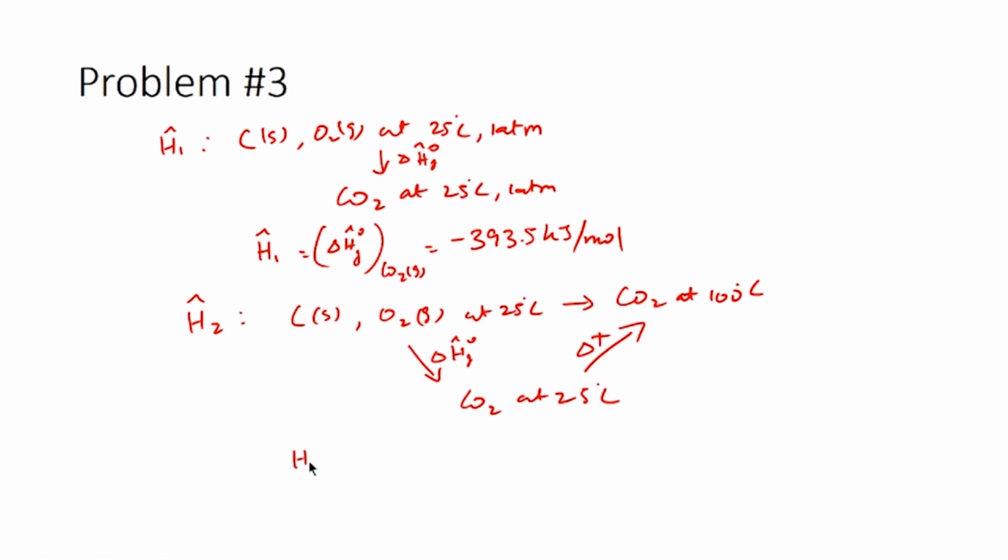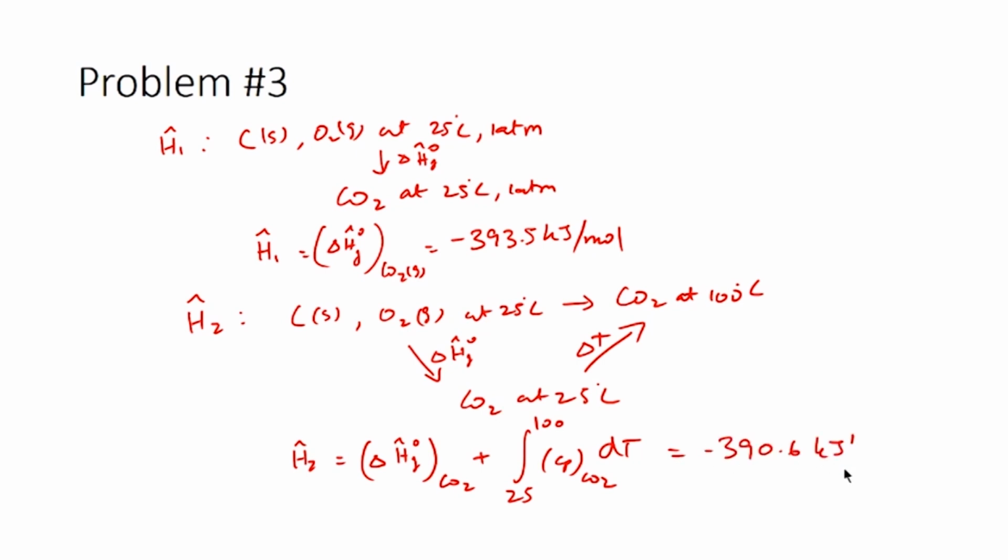So, your H2 cap would be equal to the standard heat of formation for carbon dioxide gas plus integral 25 to 100 Cp of CO2 gas dT. So, using the Cp of CO2 gas from any table and the heat of formation, we will be able to calculate this value as minus 390.6 kilojoules per mole.